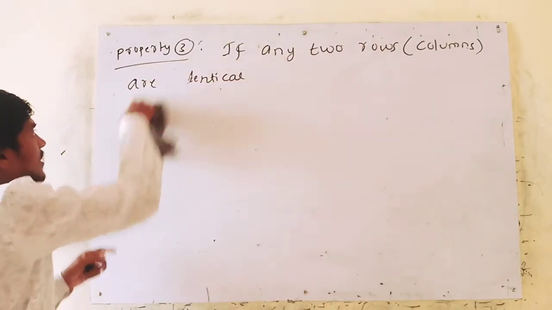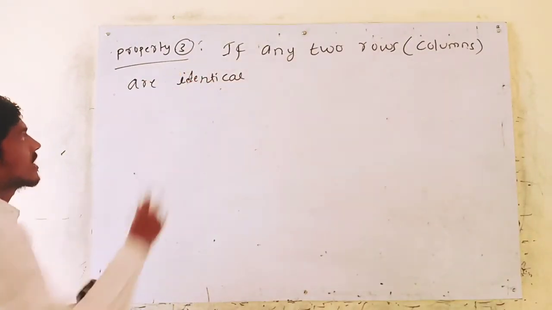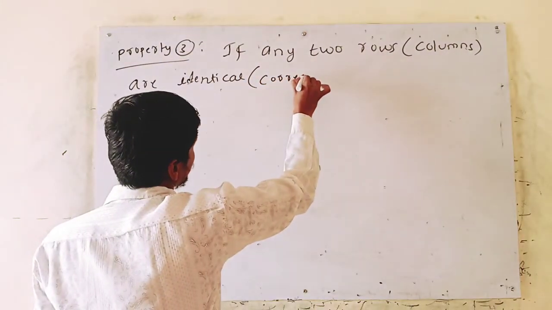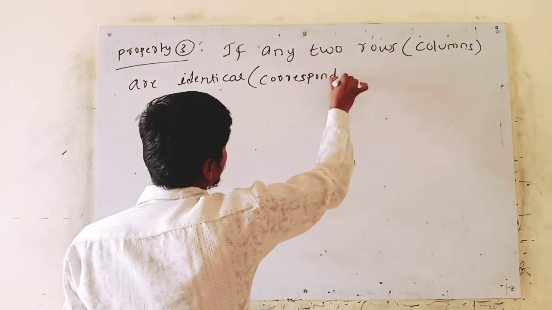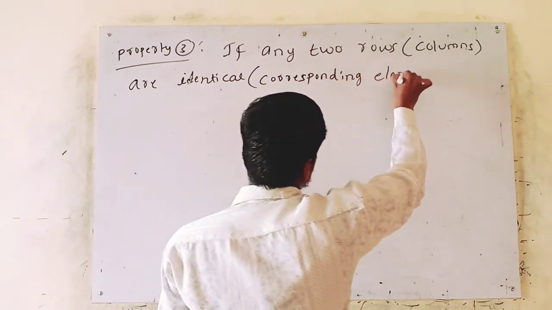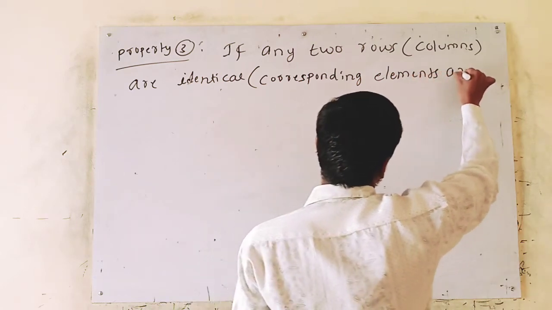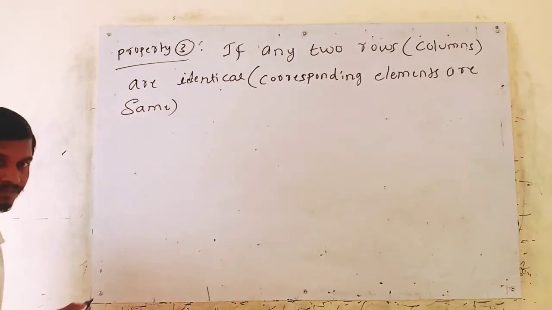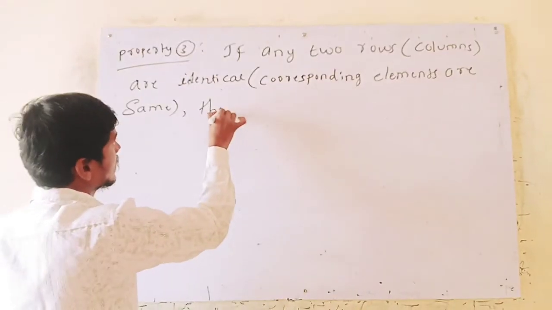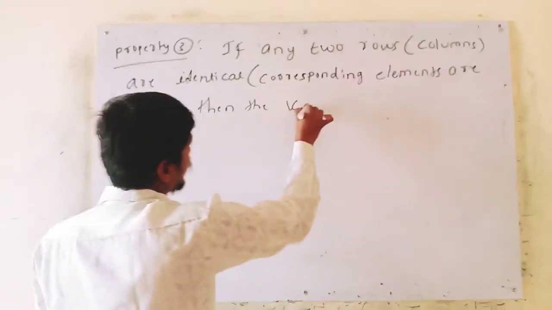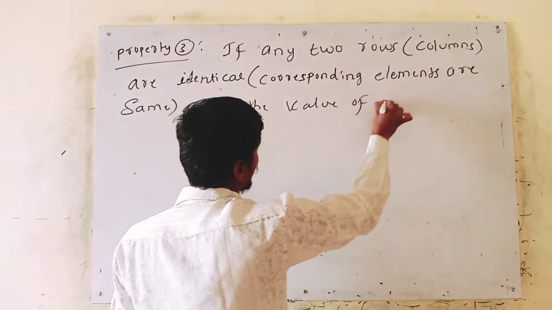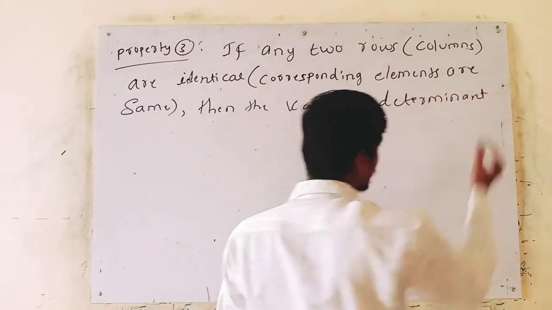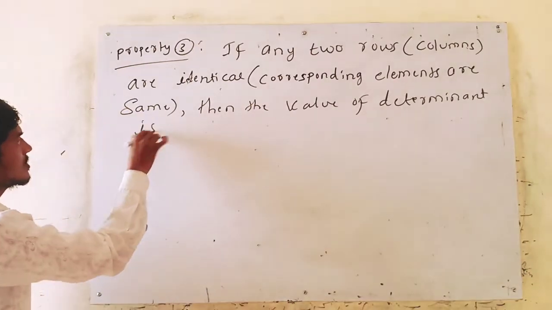Identical means corresponding elements must be the same. This implies inside the bracket corresponding elements are the same. Then the value of the determinant is 0.